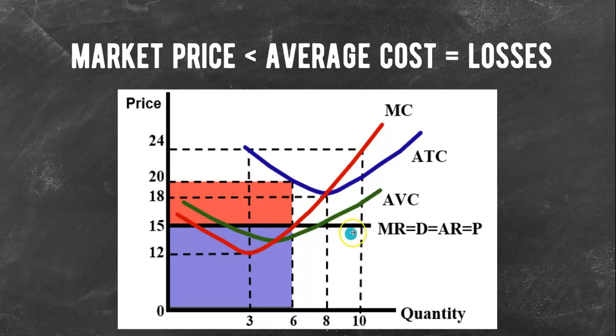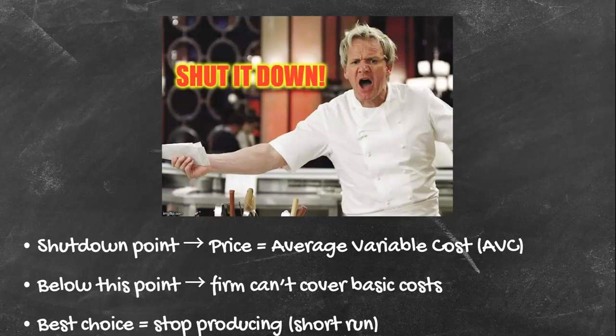And so here, let's take a look at this example where we have our MR. It hits MC here. And so notice that it is below our average total cost, but it's still above your average variable cost. And so the firm is losing money, but they shouldn't close down yet.